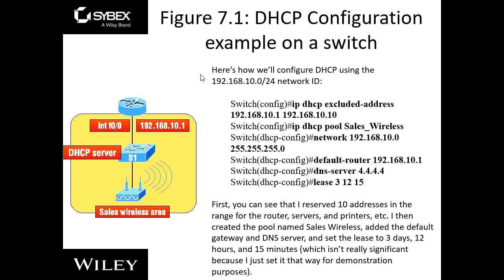Our default router, which is the router interface, okay? Again, if you look at the diagram on the left and you look at the router, the IP address on that interface, F0/0, is 192.168.10.1. And that is the line that you see here that says default router, okay?